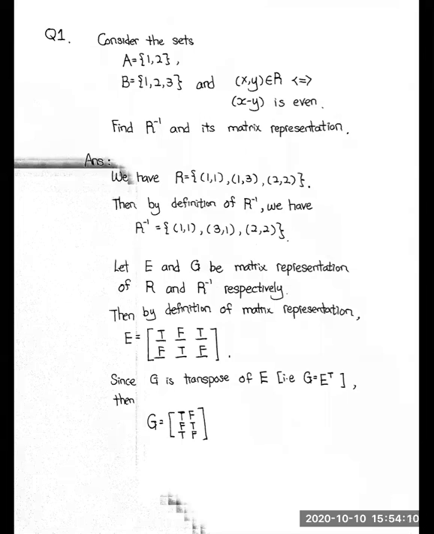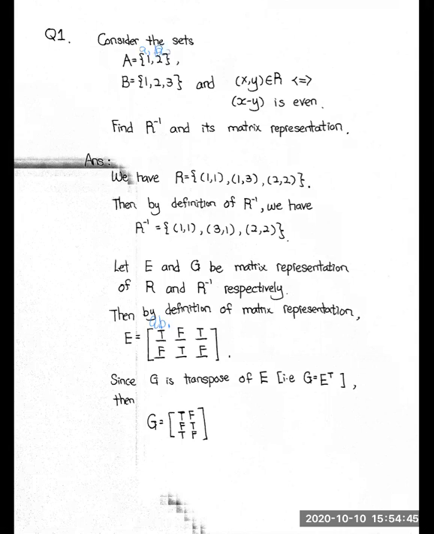Now, we let E and G be the matrix representations of R and R inverse respectively. By definition of matrix representations, E is equal to the following: true, false, true. The second row will be false, true, false. We can see from one small example that this is true because we have (A1, B1).